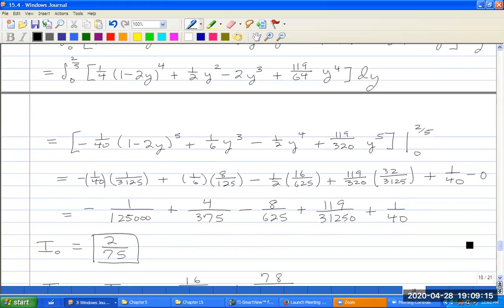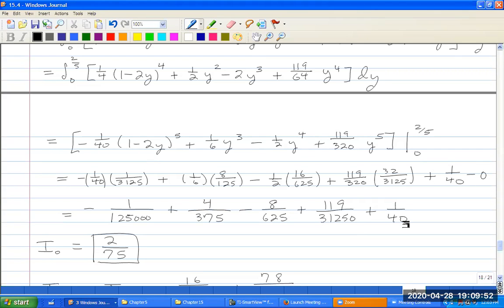And so 40 times 3125 is 125,000. I can cancel out 2 here. And so I get 4 over 3 times 125, 375. I can cancel out 2 here, so you get 8 over 625. I can cancel out 32 here, so you get 119 over 3125, 0, plus 1 over 40.